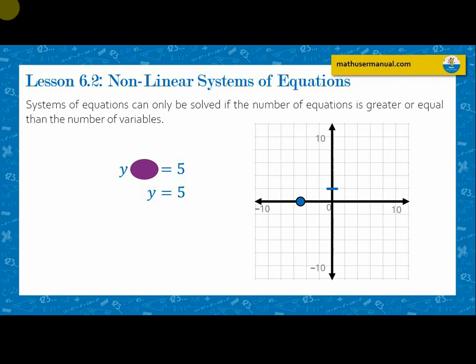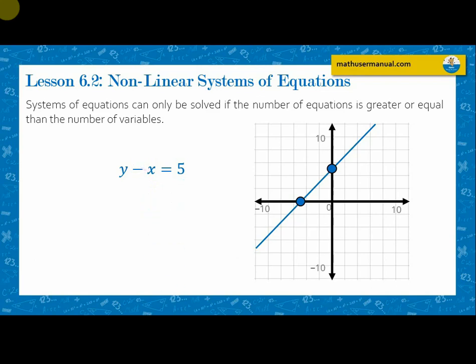So 2, 4, 6, too much, 5. And we put our point there. Now that we have the 2 points, we just make a straight line going through the 2 points. This is the graph of the first equation, y minus x equals 5.